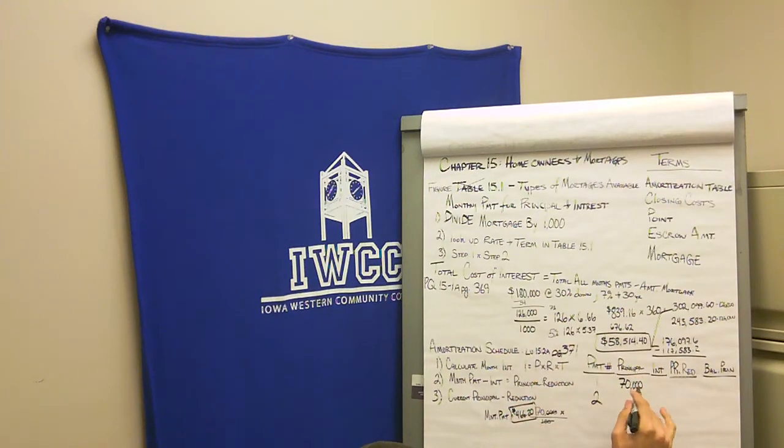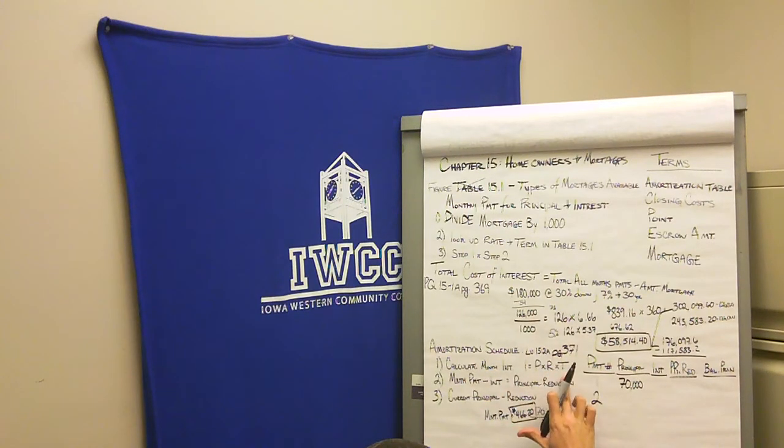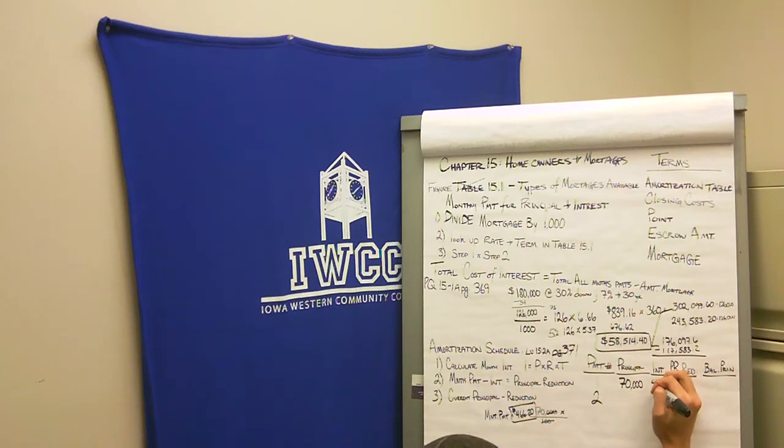What's our interest going to be? If we remember previously, interest is principal times rate times time. Once I type that into the calculator, we get $408.33.